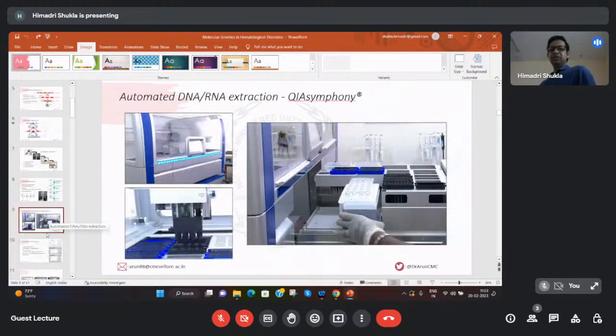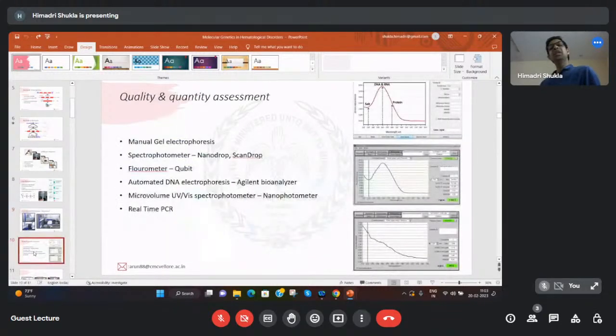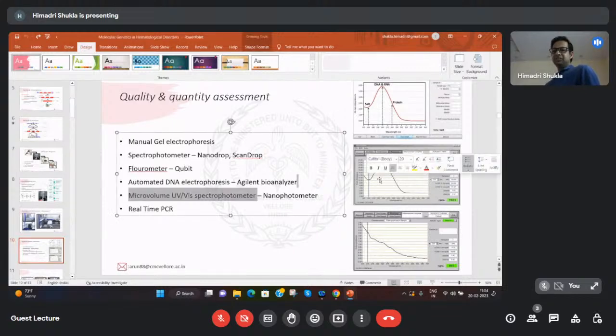We were doing it manually. Now we have various equipment to do extraction automatically, with robotic arms which will directly extract and give you the DNA. Once you have extracted, your whole molecular assay depends on the quality of the DNA you have extracted. So we have to assess the quality, which can be done again by multiple methods. This is one method which is commonly used, a spectrophotometer.